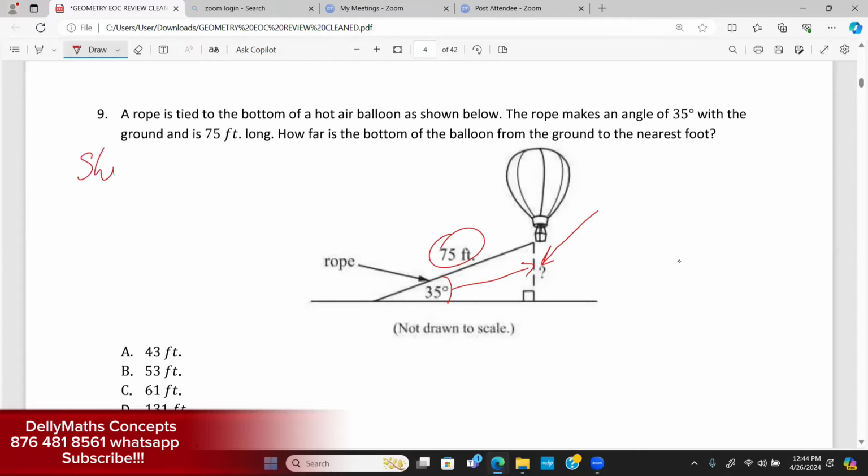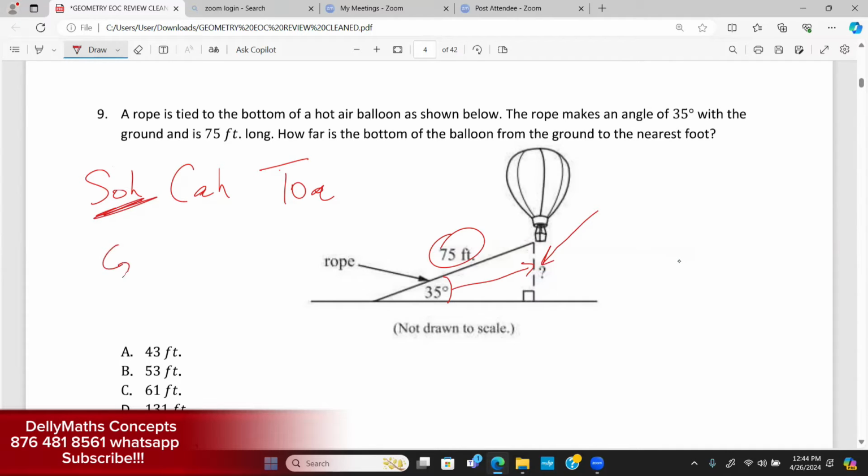So we want to think of SOH CAH TOA. We're dealing with opposite and the hypotenuse.